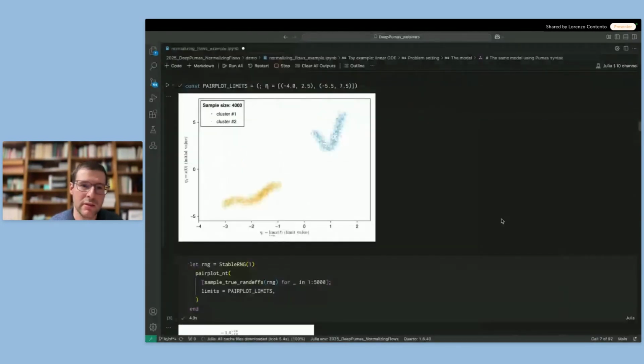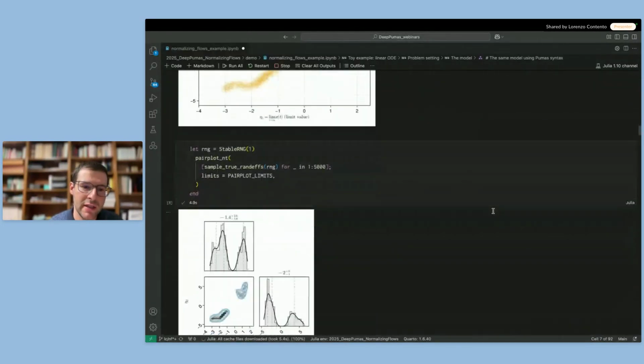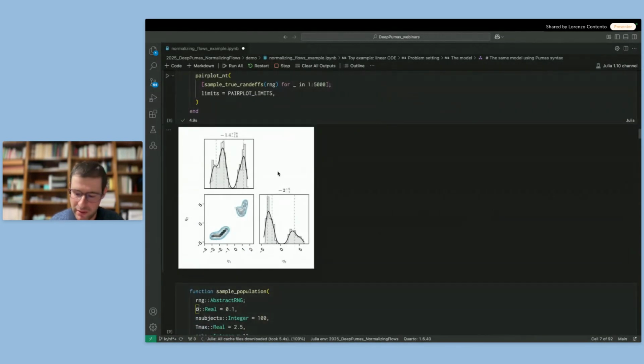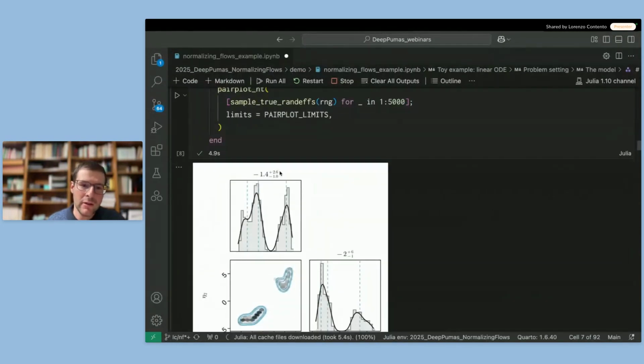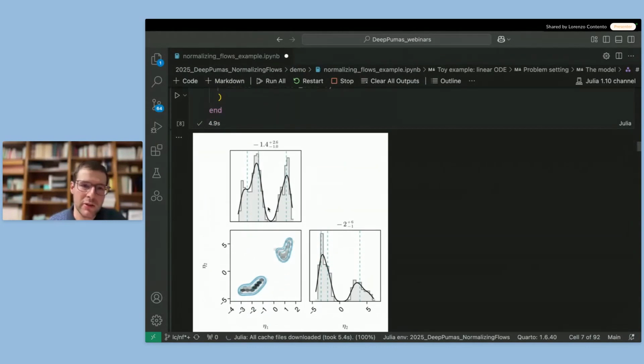If we look at another way to visualize this, for example, using a pair plot, we can see also the marginal distributions of each random effect, and we can see that also there we already see some bimodality. On top of the bimodality, this is also apparent from the joint distribution of eta 1 and eta 2.